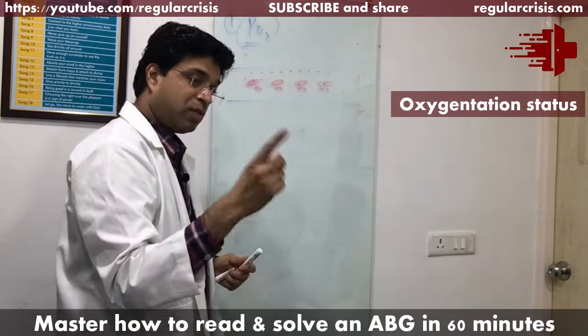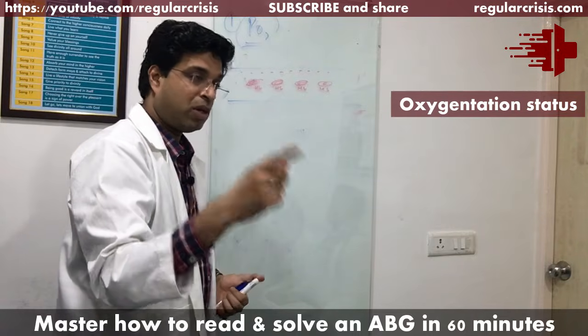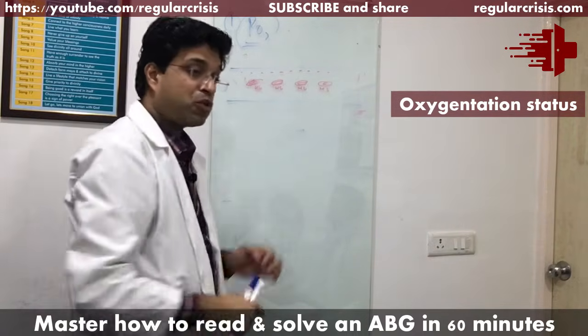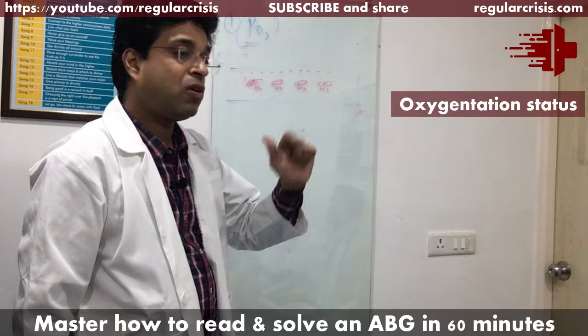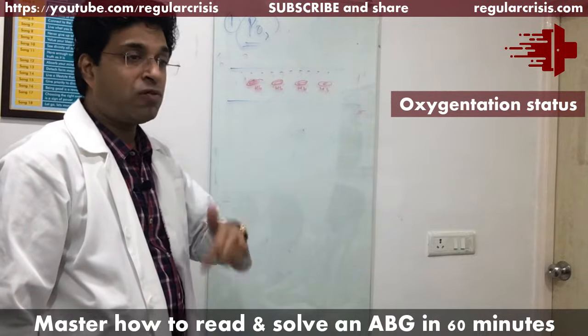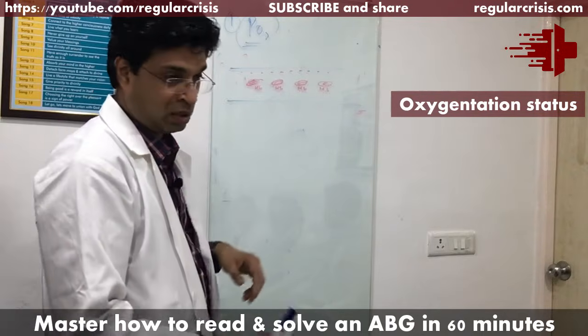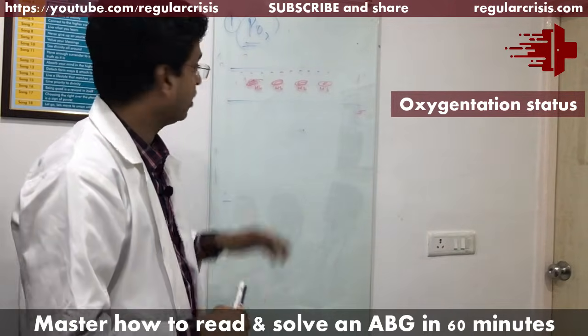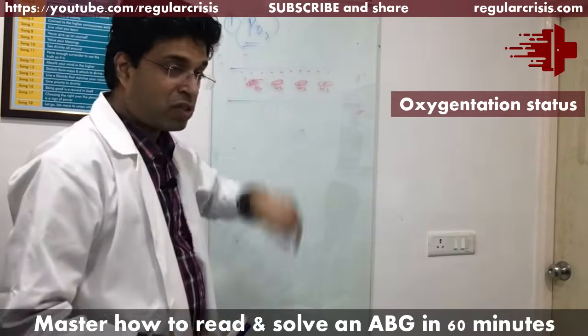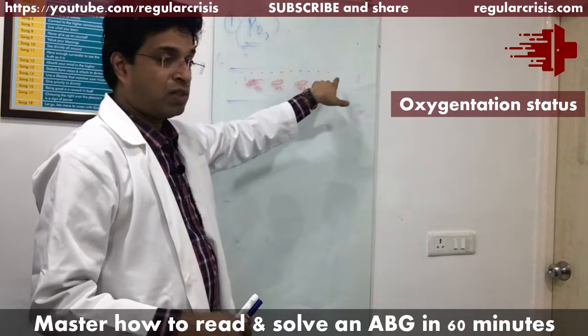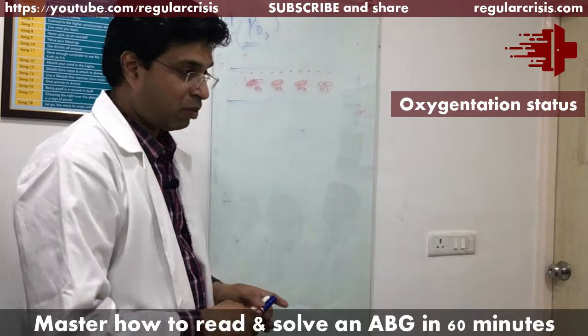The pulse oximeter which you are measuring on the monitor is the saturation of hemoglobin with oxygen. How much hemoglobin is being saturated with oxygen, that is what your pulse oximeter is showing. And this PO2 which you are measuring in the ABG is the dissolved oxygen in the plasma. Got my point?